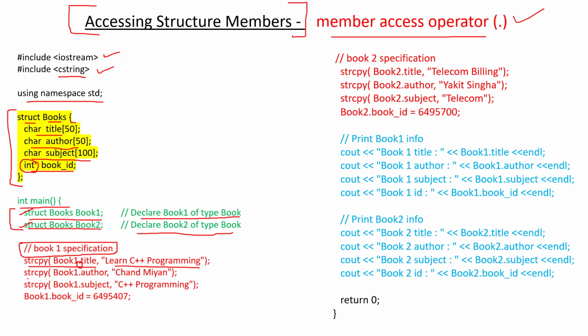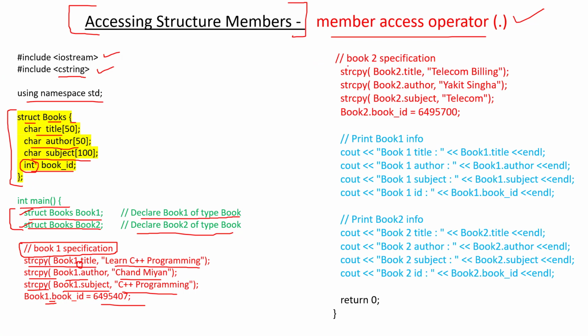Then strcpy book1 dot author, using the member access operator, Chand Mian. Then strcpy book1 dot subject, C++ Programming. Book1 dot book ID, 64, some value. So we use the dot operators for copying new values to the book.